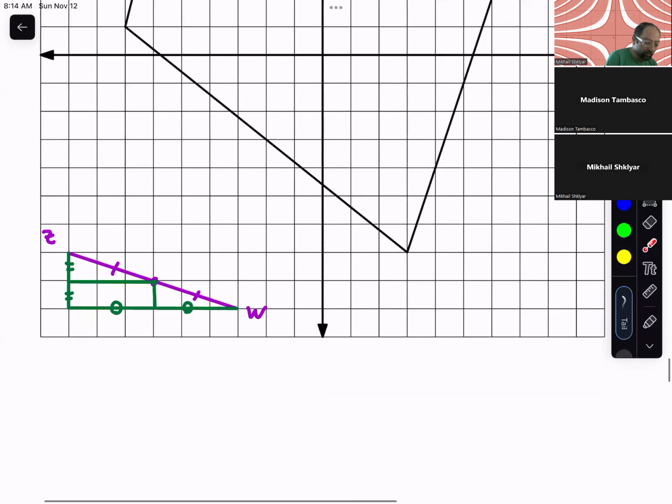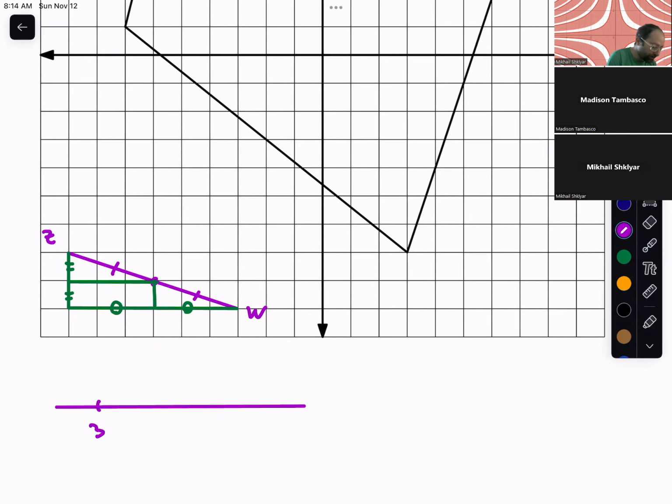And in general, I hope you can see it in one dimension. When you have, in one dimension, let's pick some two numbers like 3 and 13, the point that's exactly halfway between them is going to be the average of 13 and 3, which is 8.